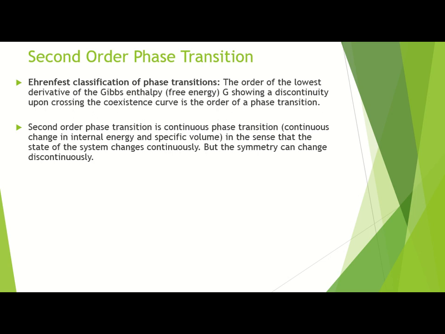But the symmetry can change discontinuously. So here the symmetry will be important. This kind of phase transition appears, for example, when a ferromagnetic material becomes paramagnetic at the Curie temperature. There the state of the system does not change.